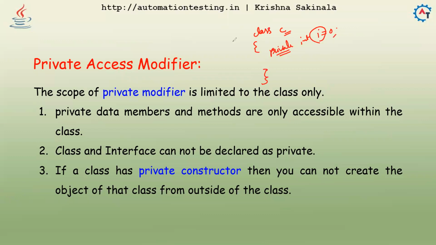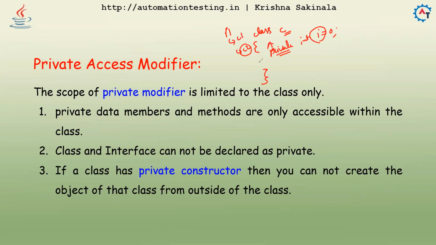Even if it is in the same package, you cannot access it. Private means restricted to that class where you declared or initialized it. In package P1, if you have class C1 and class C2 and want to access it from C2, you cannot, because it is private to that class only.